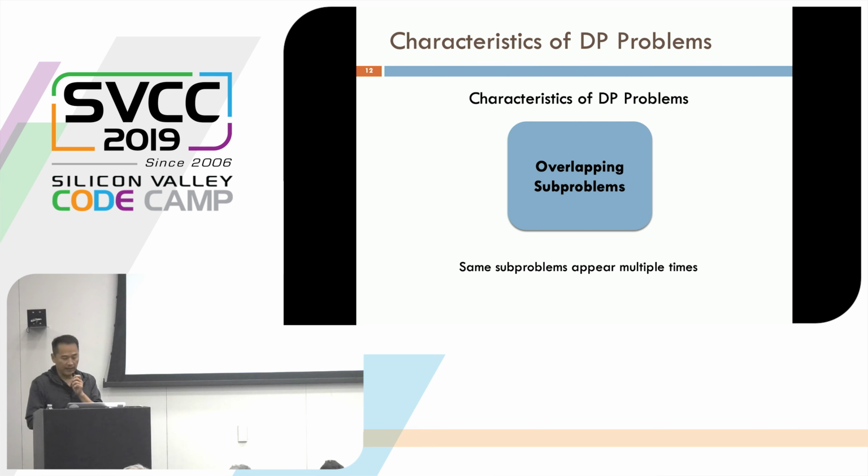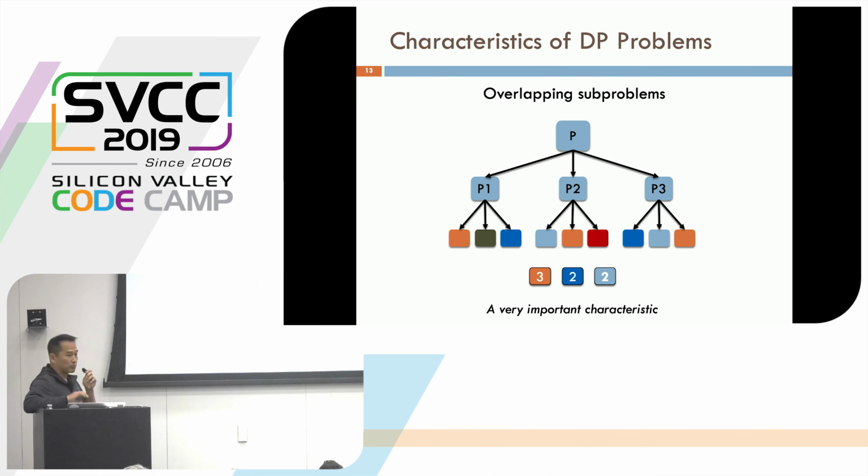If you look at the picture again, if you break the problem down into subproblems, you start to see the same subproblems appear multiple times. And not all subproblems appear exactly the same number of times. That's not always the case.